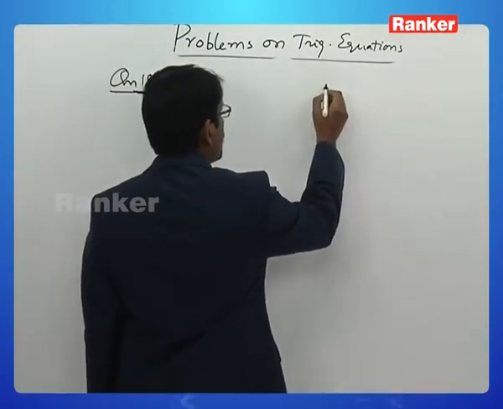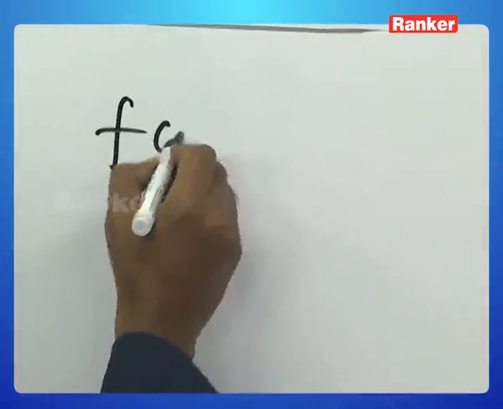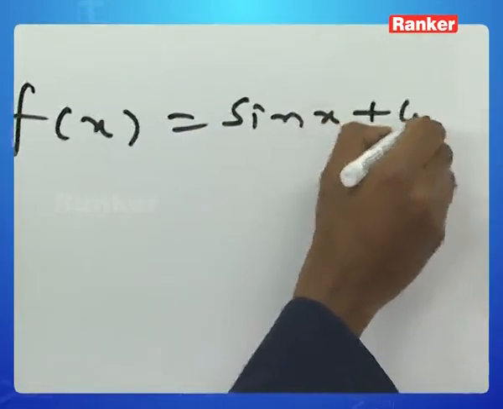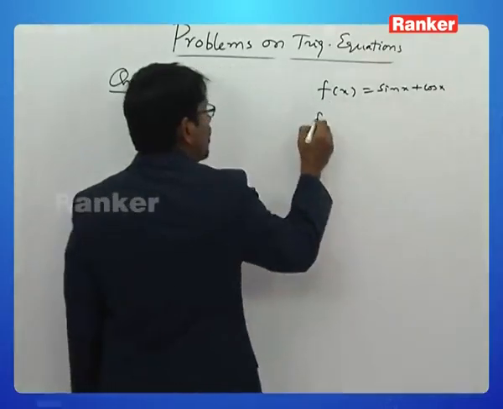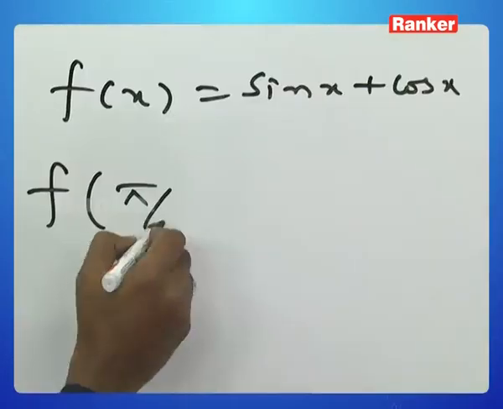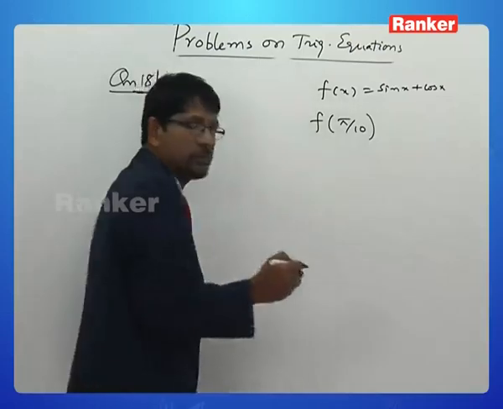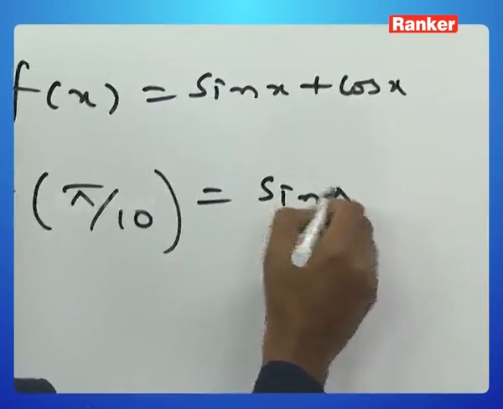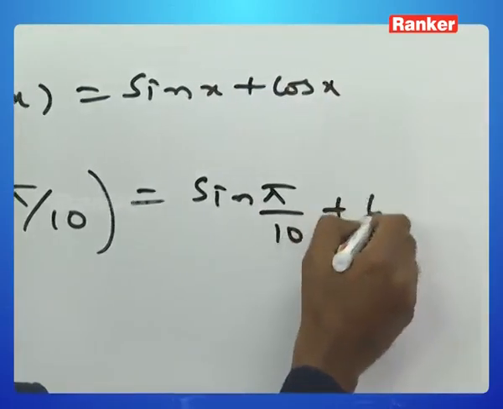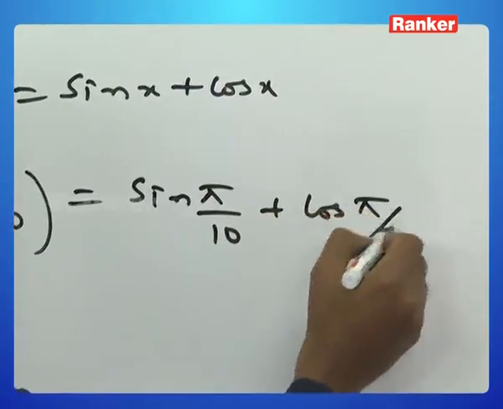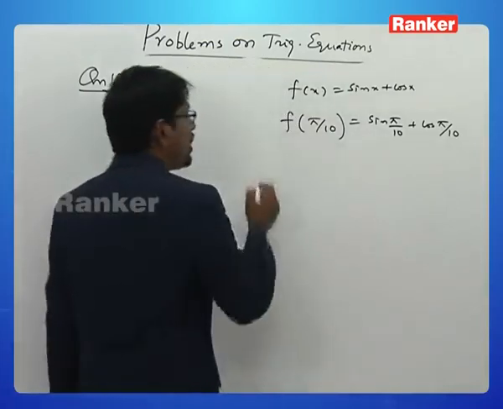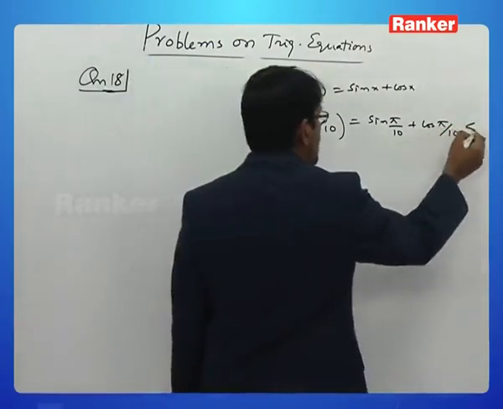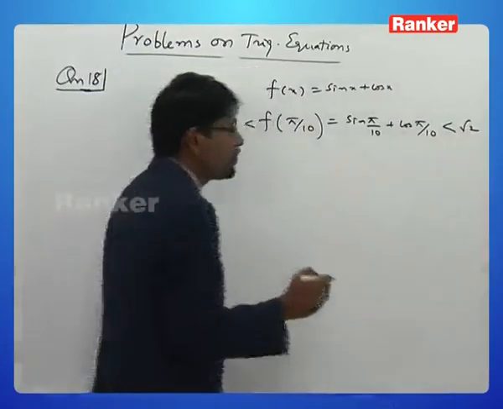Here f of x is given to be sin x plus cos x. What is f of pi by 10? That is sin pi by 10 plus cos pi by 10. That is actually a value which is greater than 1 and less than root 2.